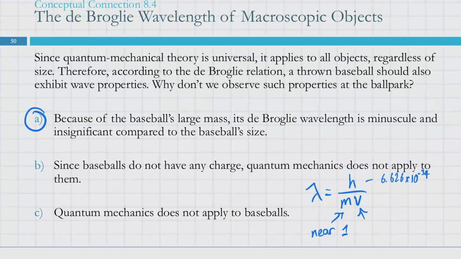It's like an order of magnitude away from 1 at most. And the velocity is probably in the tens of meters per second. So it's basically going to have a de Broglie wavelength that's smaller than like the width of a nucleus. So you wouldn't be able to observe that because it's much larger than a nucleus.